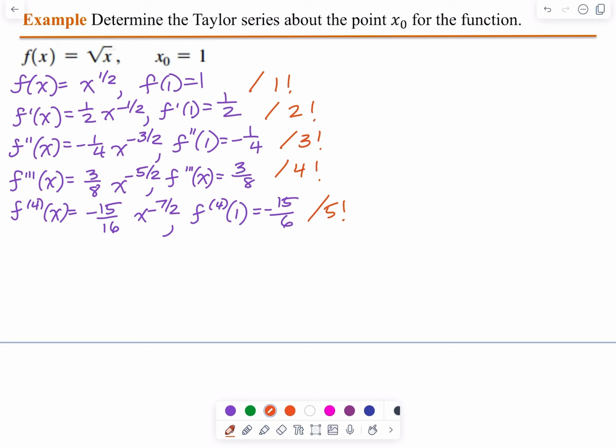So here we would have c naught is equal to 1. Here we would have c sub 1, and I have these factorials off. This would be 0 factorial, 1, 2, 3, and 4 factorial. And I think that divided by looks good. I probably should just write that.